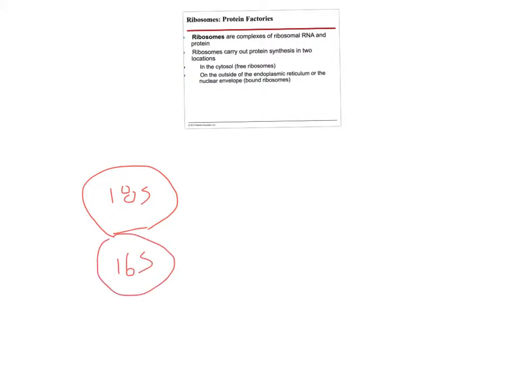I call them 18S and 16S because when they were discovered, S stood for sedimentation units. It has to do with fractioning the cell and sedimenting the proteins out on a sucrose gradient. You don't have to know it, but just know that one is bigger than the other because it sinks further than the other.